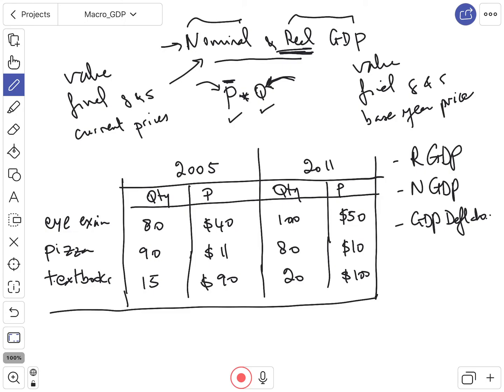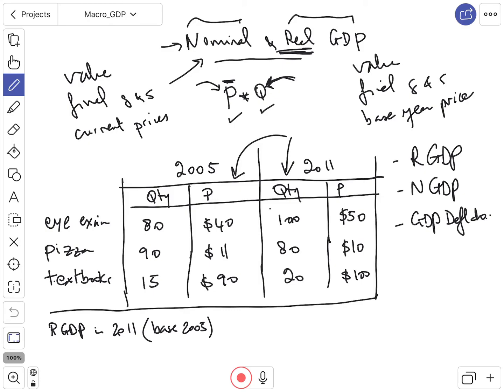Suppose that we want to compute the real GDP in 2011 using 2005 as base year. I care about the production, but I'm going to fix the prices for 2005.